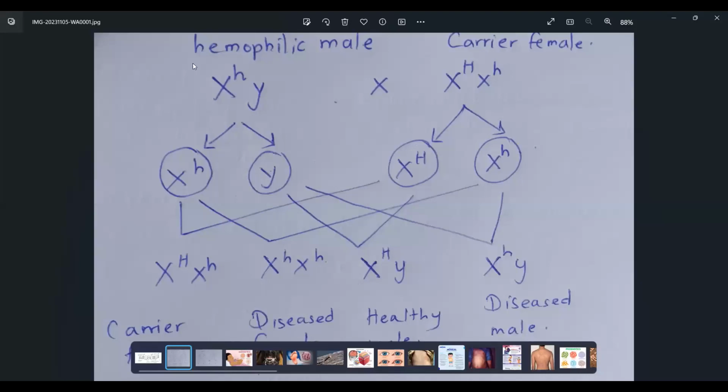Right. මේ තියෙන්නේ hemophilic male කියන්නේ diseased male කෙනෙක්ගේ X chromosome එක small h recessive. අපි small letters වලින් පෙන්නන්නේ recessive නේ. ඒක recessive වුණාම අන්න එයා diseased වෙනවා. Right? දැන් මෙයා carrier female කෙනෙක්. මොකද මෙයාගේ එකක් තියෙනවා capital H.